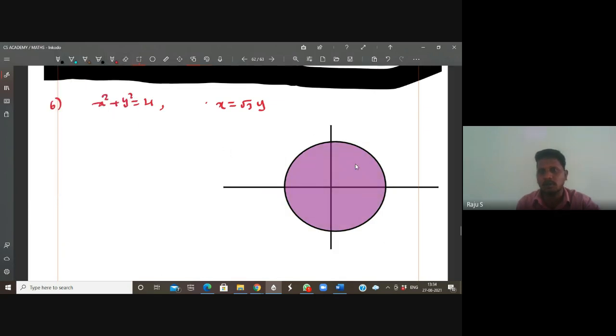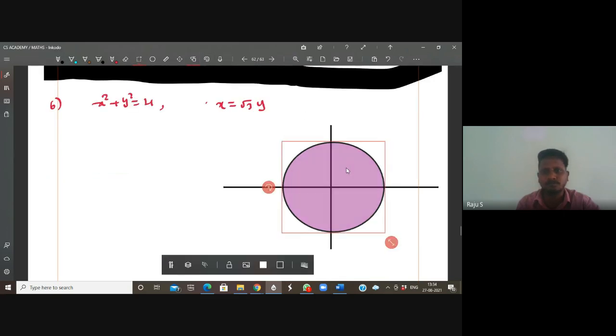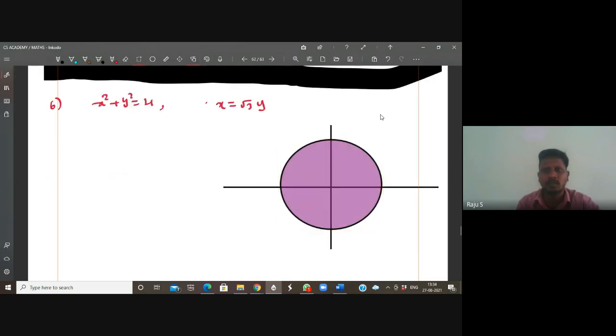This circle, they have given a line. The line equation implies y is equal to 1 by root 3 into x.